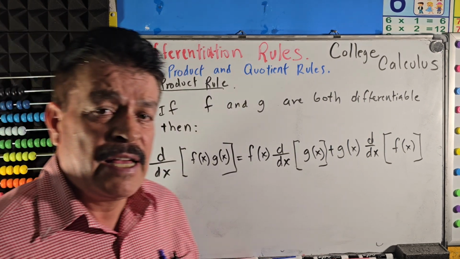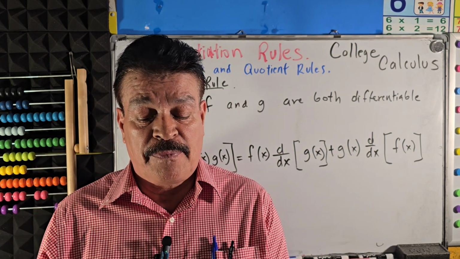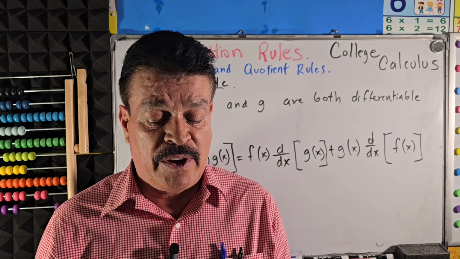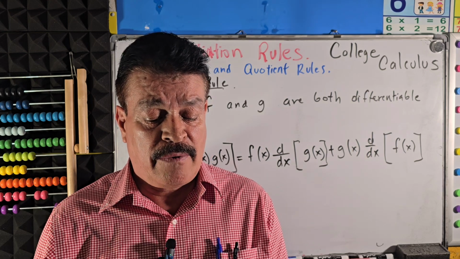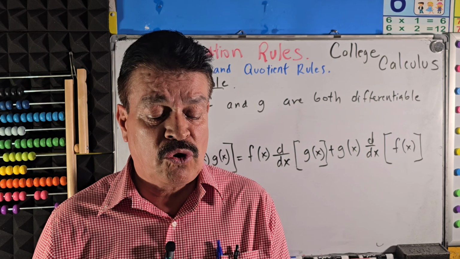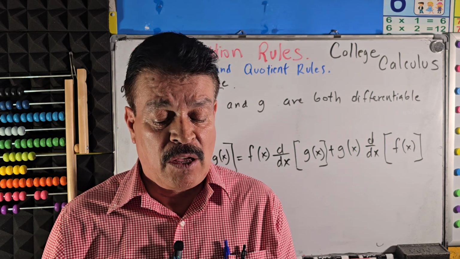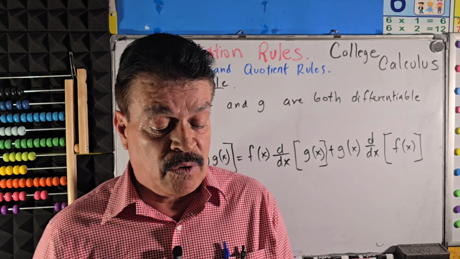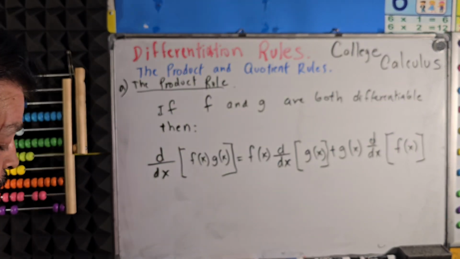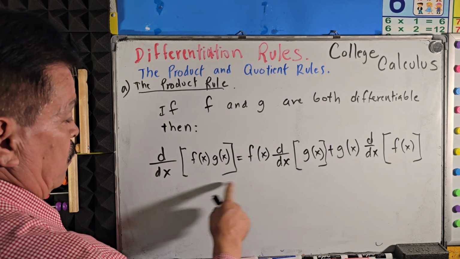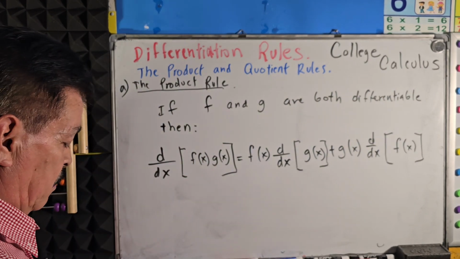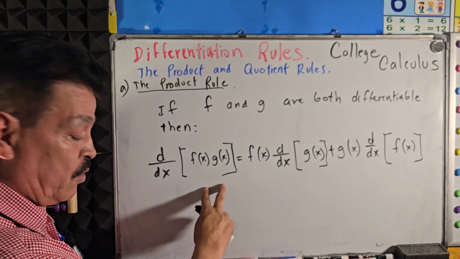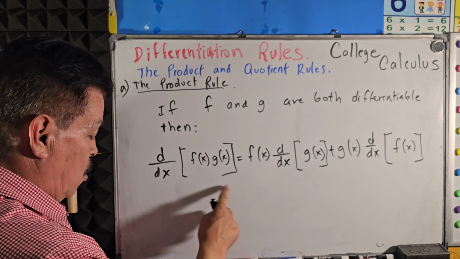So in other words, the product rule says that the derivative of a product of two functions is the first function times the derivative of the second, plus the second function times the derivative of the first function.